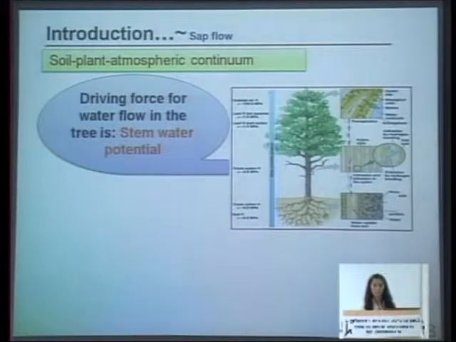It means how the plant absorbs water from the soil, how the plant utilizes water within the plant, and how the atmosphere takes the water in the form of water vapor. For this, the main driving force for the flow of water within the plant is stem water potential. Stem water potential means the potential energy required for the stem to draw the water and to drive the water within the plant.